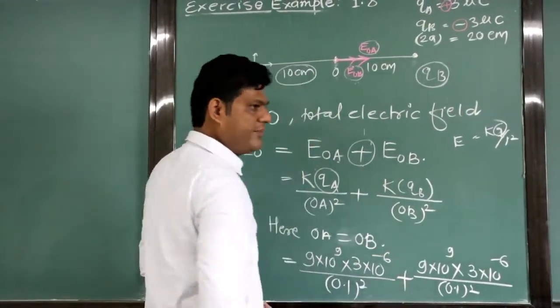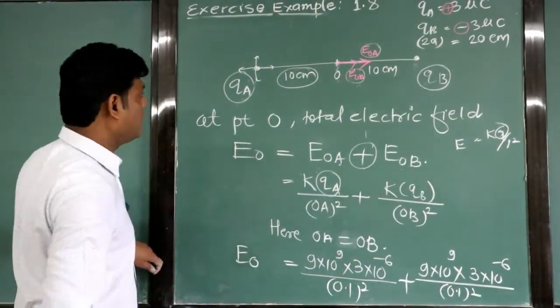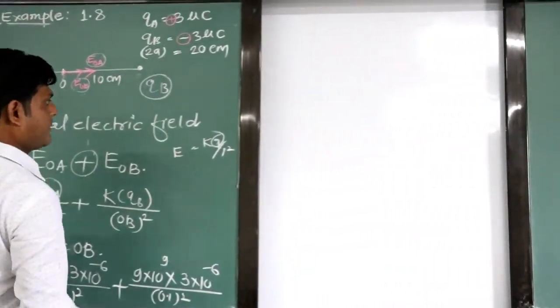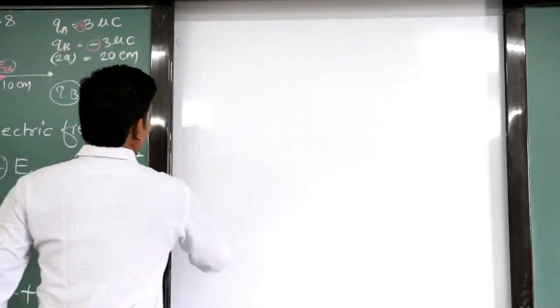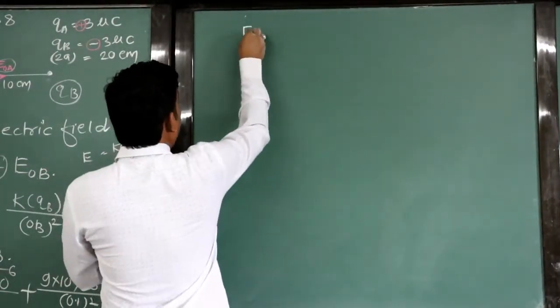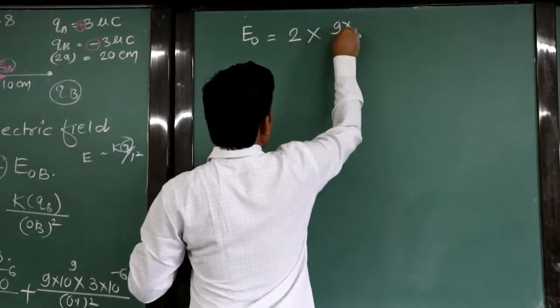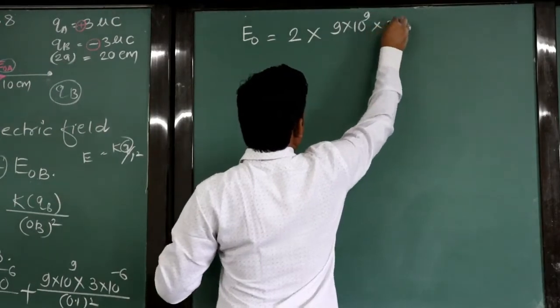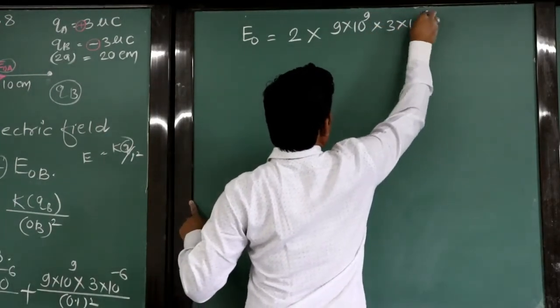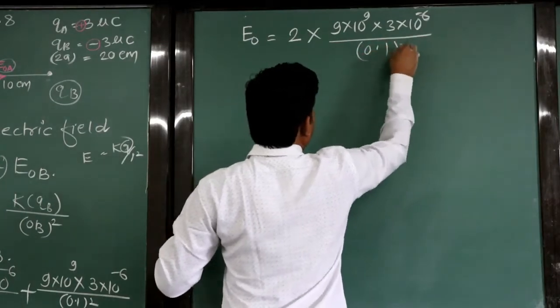This and this are the same, so we can write 2 times. EO equals 2 times 9 times 10 to the power 9 multiplied by 3 microcoulomb divided by 0.1 square, right?